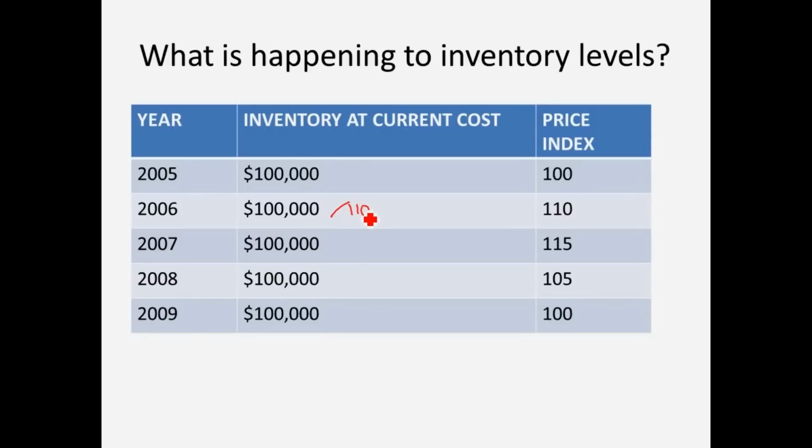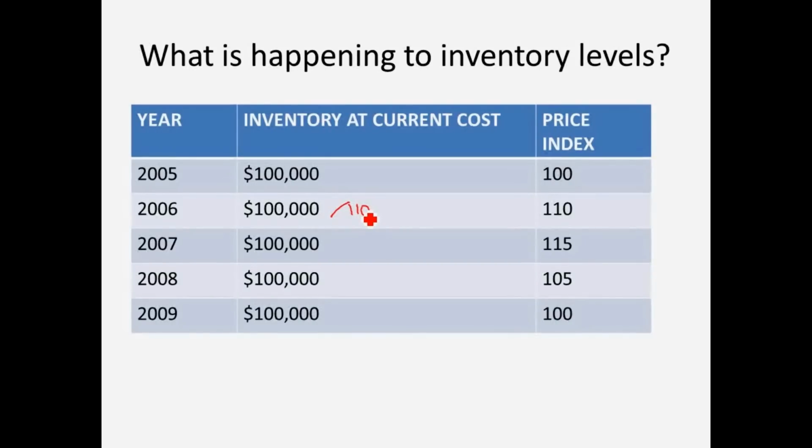Or put differently, if I had $100,000 of inventory in 2005 and I had to buy that same exact inventory again in 2006, how much would it cost me in 2006? It would cost 110, right? So in order for me to have the same quantity of inventory, I would need to have at least 110. Do I have 110? No, I have less, right? I have 100 divided by 110.